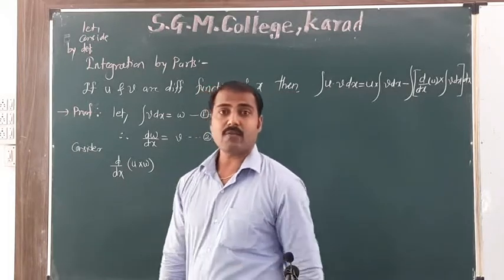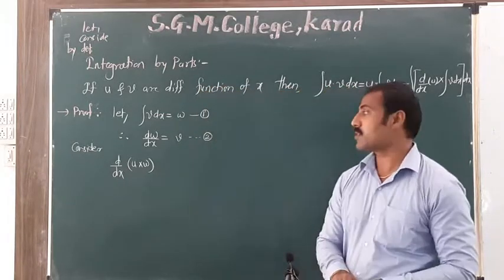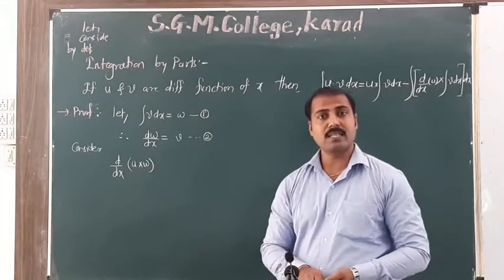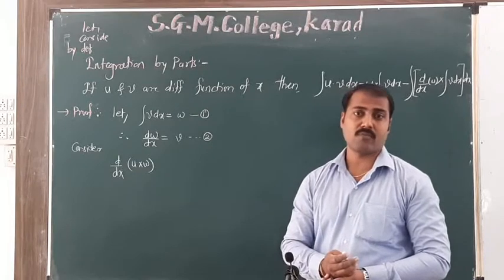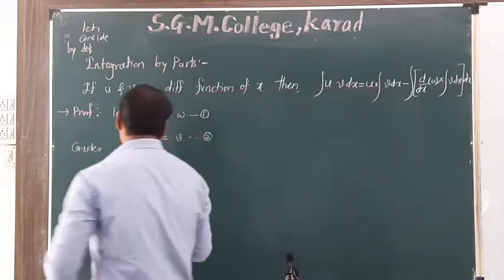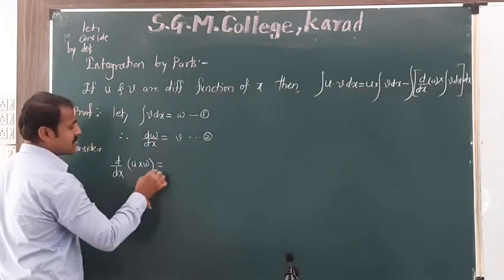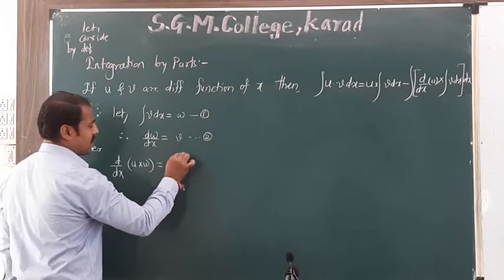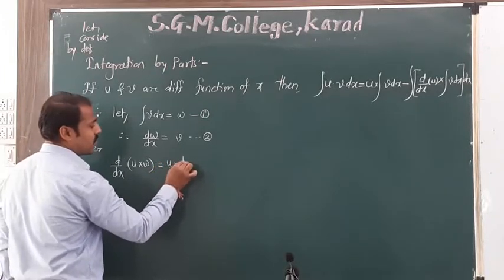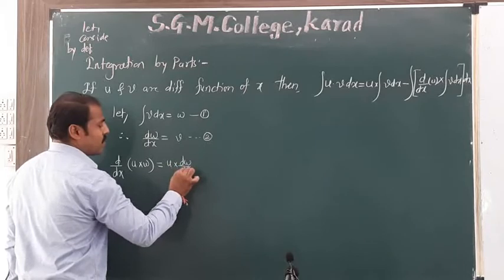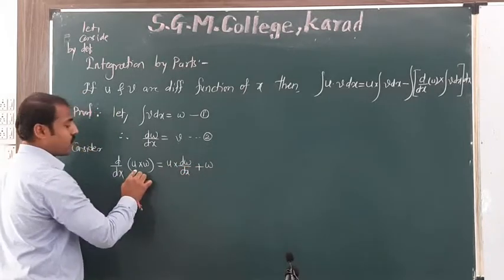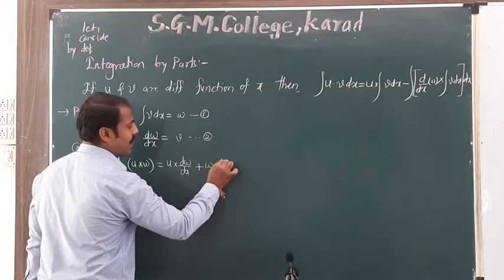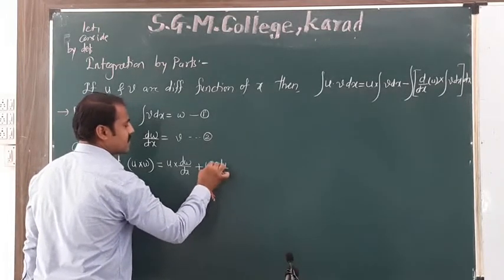We know that the derivative of a product is: first as it is, derivative of second, plus second as it is, derivative of first. Which is equal to u as it is, derivative of second, dw by dx, plus w as it is, derivative of first, that is du by dx.